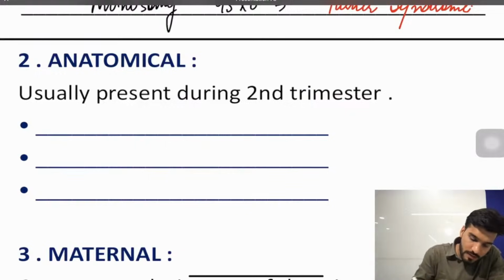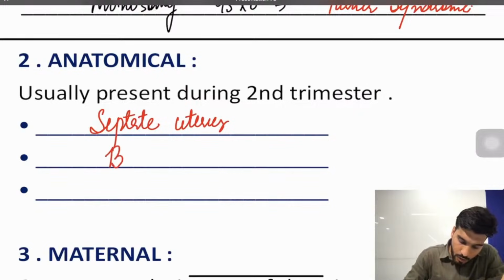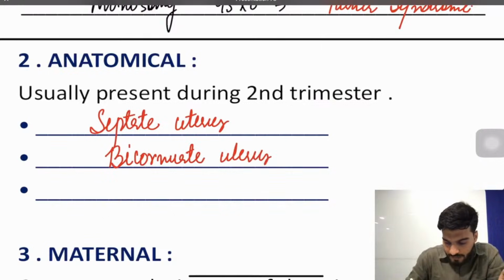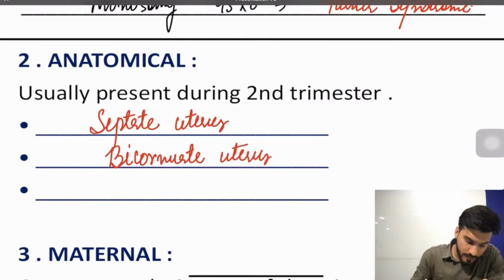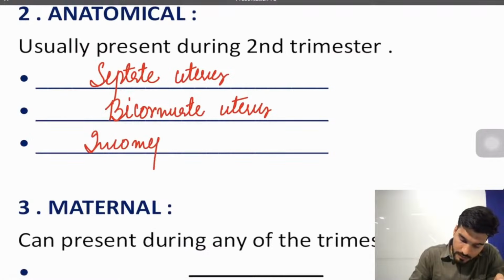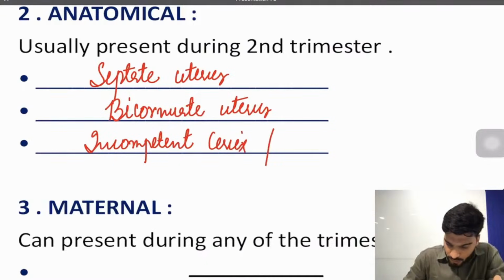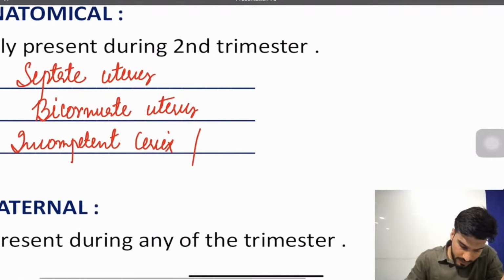So what can be the causes? We have a septate uterus, a bicornate uterus, or we can have an incompetent cervix, also called cervical insufficiency.